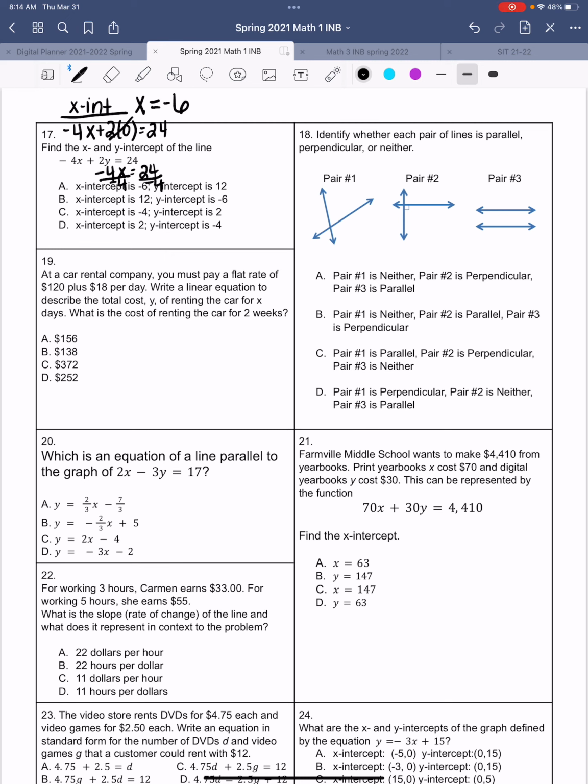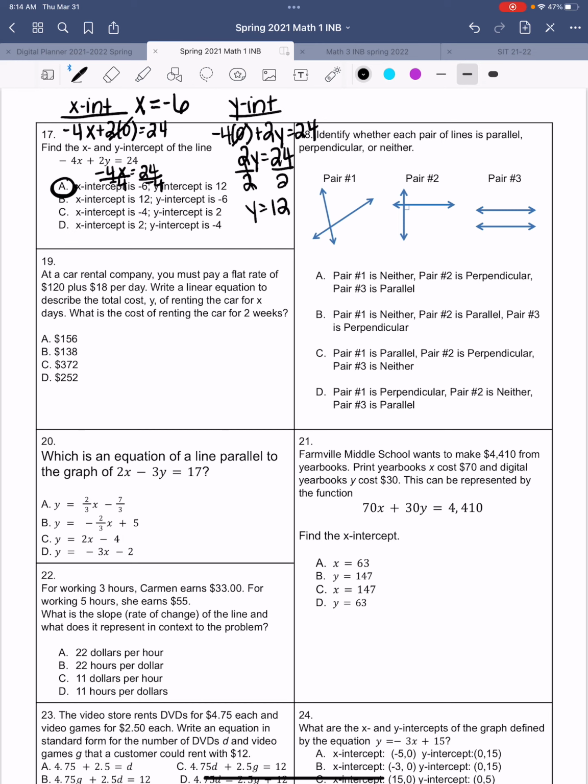I can see that the only one that has an x-intercept at negative 6 is A, but I can always test the y-intercept as well. That means I'm going to plug in 0 for x. So that's going to be 2y equals 24. That's going to give me 12 when I divide. So y equals 12.